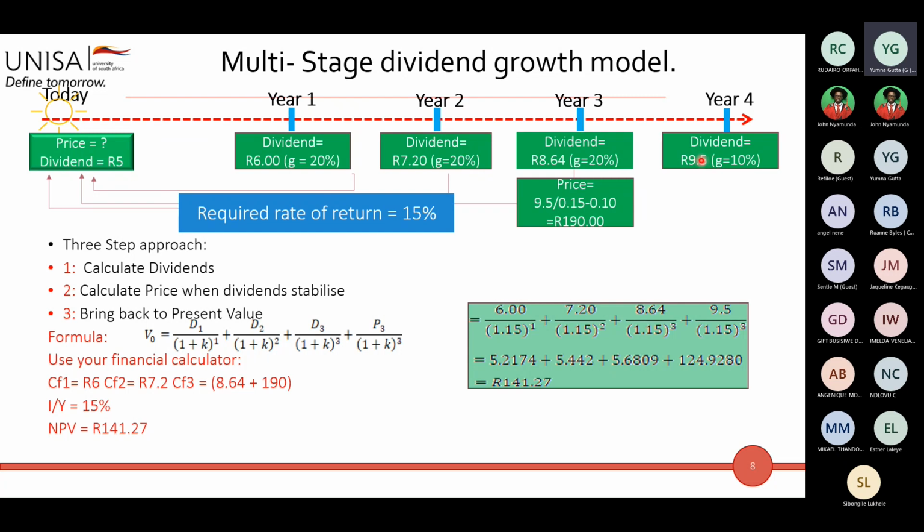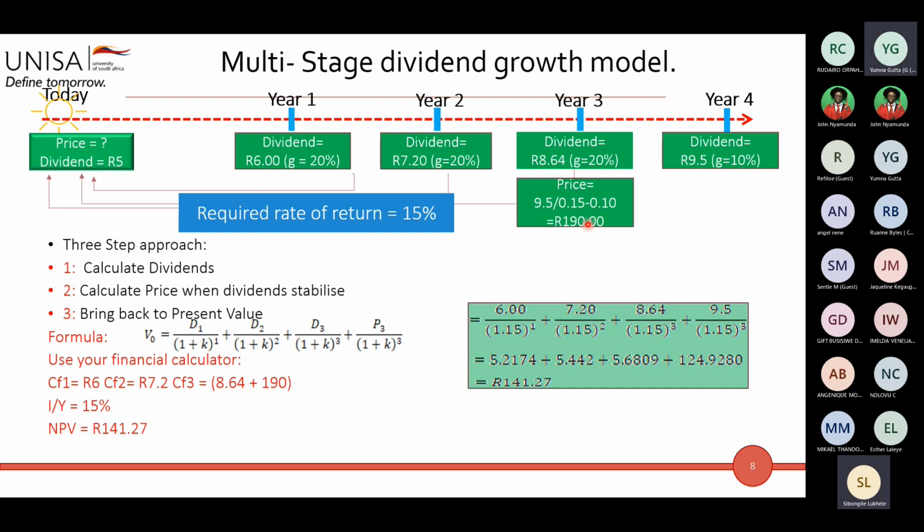This is the only time we can calculate the price, when dividends stabilize. So our dividends stabilized at 9 Rand 50, our constant growth rate is 10%, and our required rate of return is 15%. This will give you the price of 190 Rand in year 3.